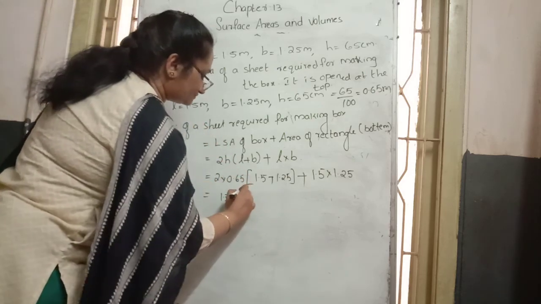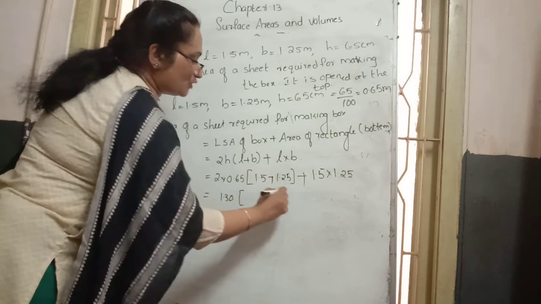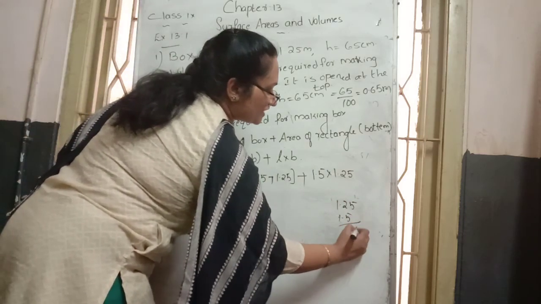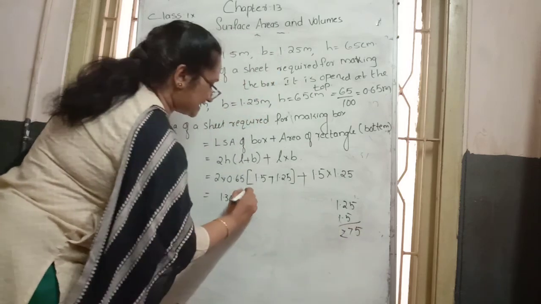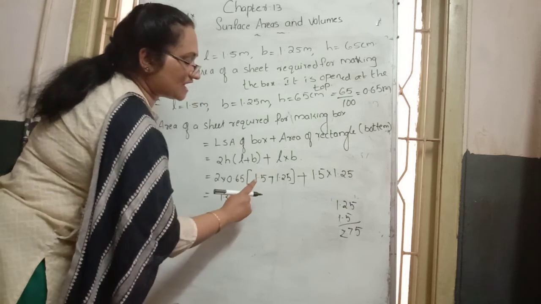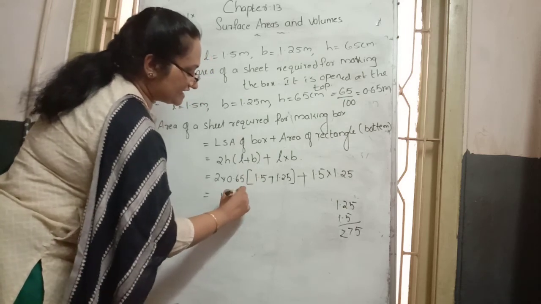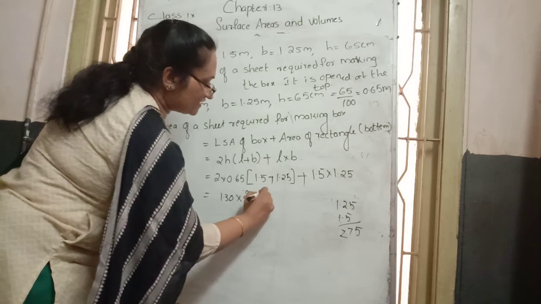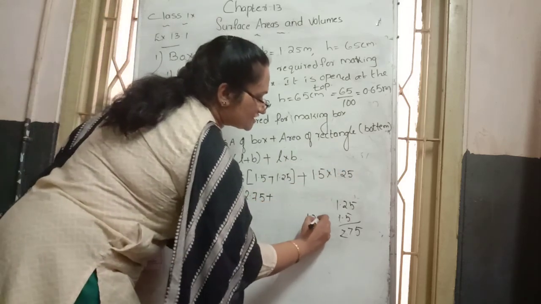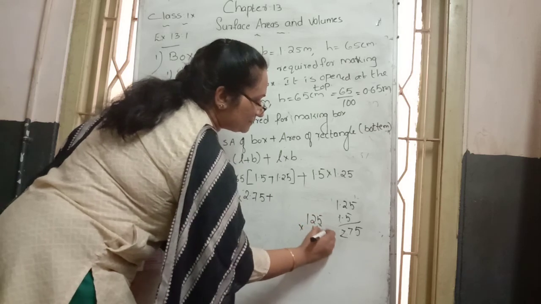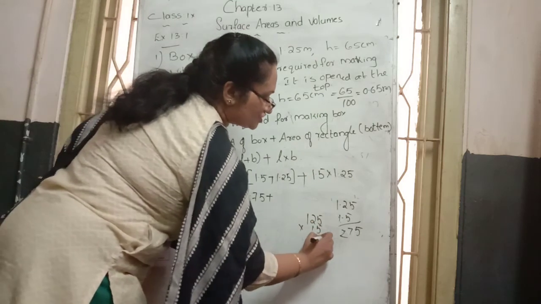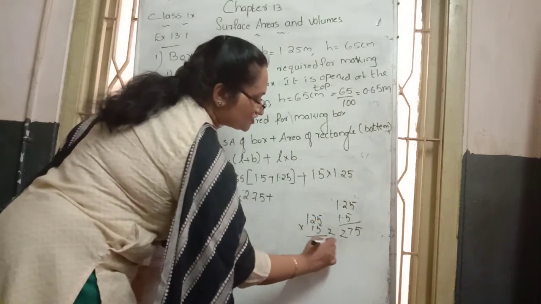Then next inside the bracket, 1.5 plus 1.25. So we add these numbers: 5, 7, 2. So inside the bracket adding, we get 2.75. Then these two parts are multiplied: 1.5 into 1.25. Without decimal points, numbers first we multiply, afterwards keep the decimal point. 5 5s are 25. 5 2s are 10, 10 plus 2 is 12.